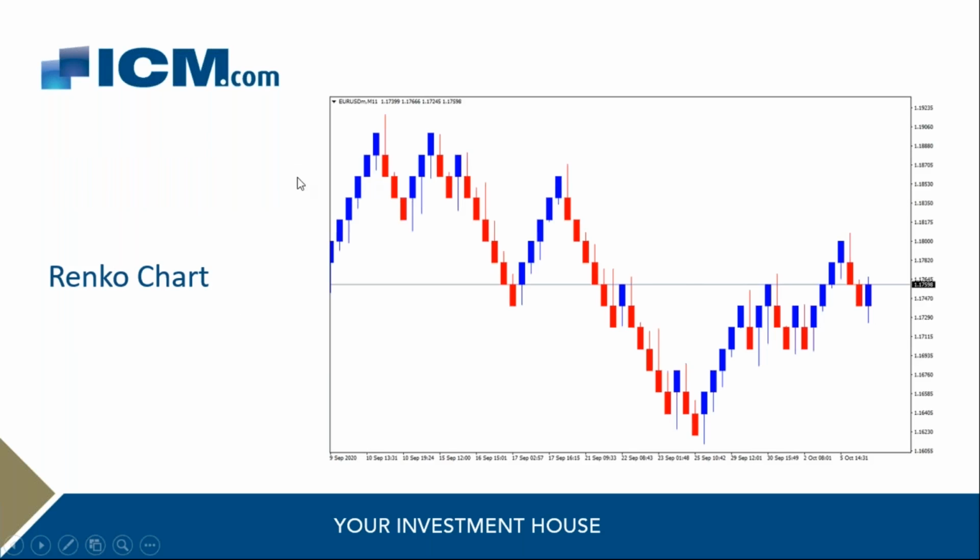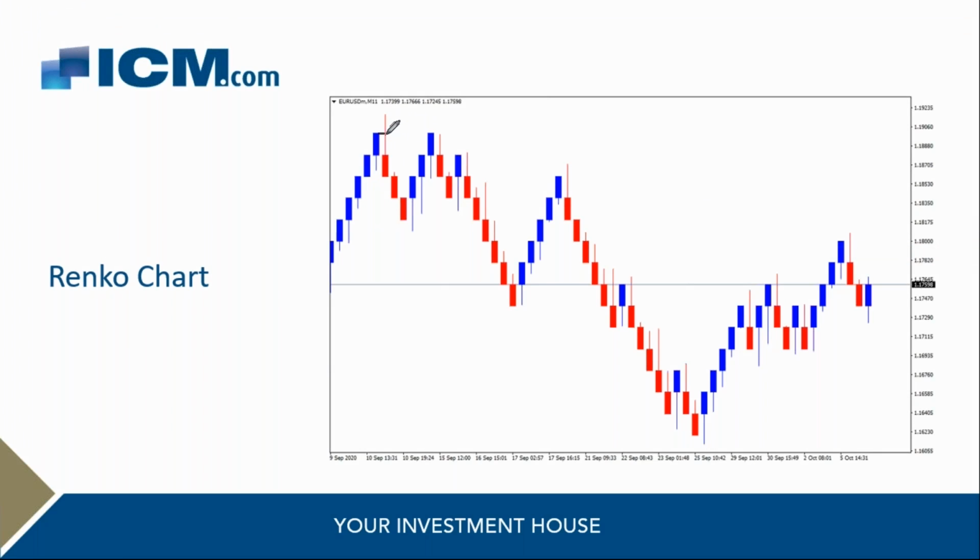Similar to this. This is the same chart that I was showing to you previously. It's almost the same chart, just missing a couple of days, but in the end it's the same chart. Each one of these candles is showing a 20 pips move. So the blue candle is showing a 20 pips move up, 20 pips move up, 20 pips move up, 20 pips move up, and then the market closed here.